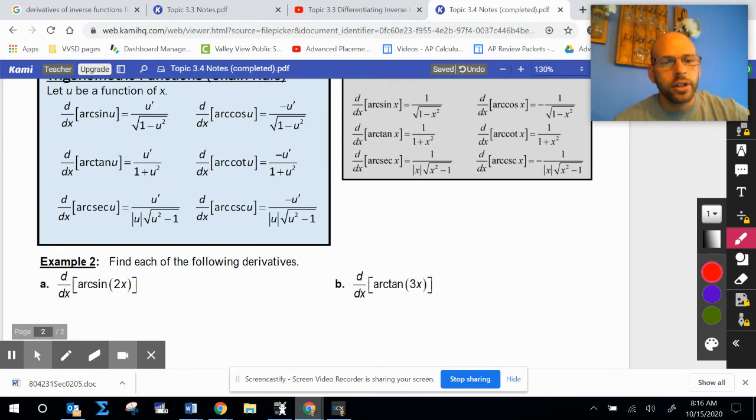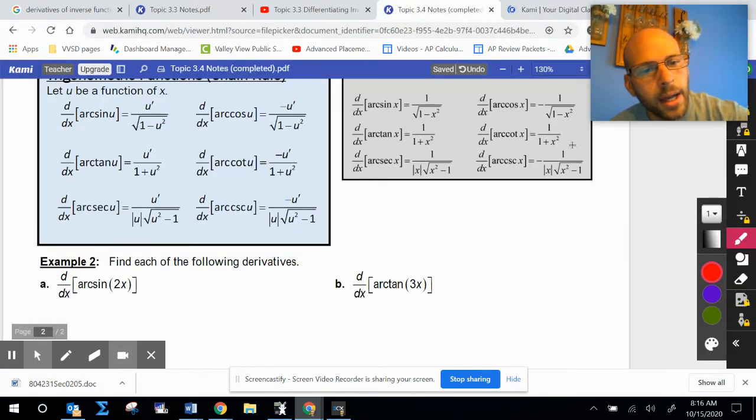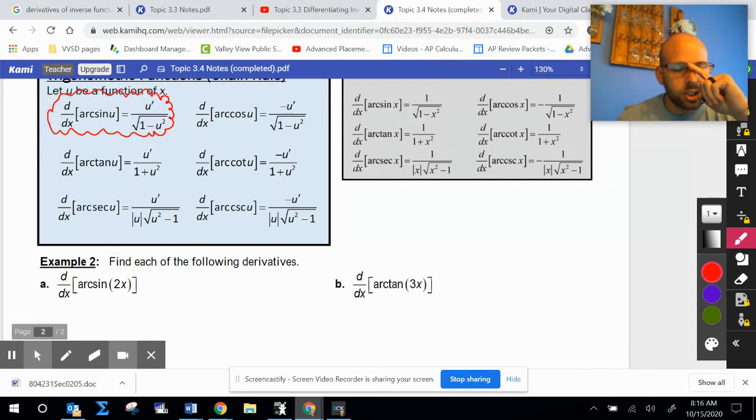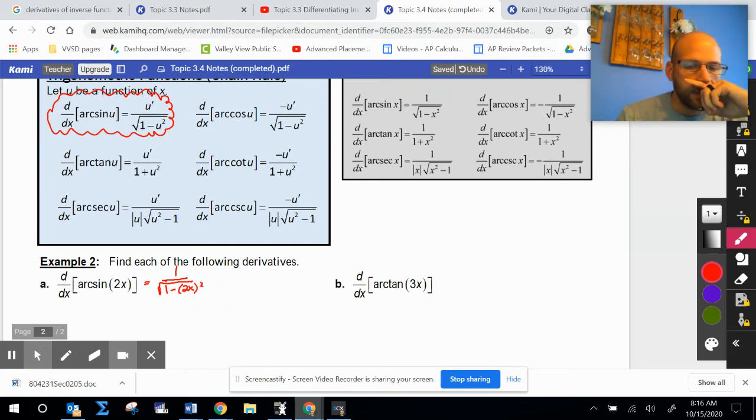If you look at example 2, I want the derivative of arc sine of 2x. I'm going to use the derivative formula for arc sine. So I'm going to start with the derivative of arc sine, which will be 1 over the square root of 1 minus quantity 2x squared.